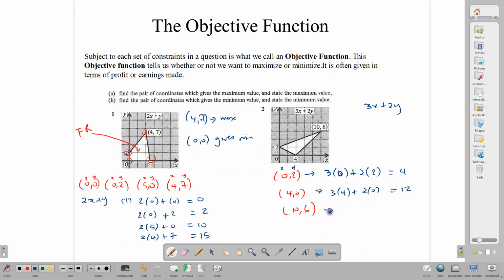And for the third one, we have 3 times 10 plus 2 times 6, that will give us 30 plus 12, and that would give us 42. And so which pair of values gives us the maximum? It is this one. The coordinate pair 10, 6 gives us the maximum, and the coordinate pair 0, 2 gives us the minimum.